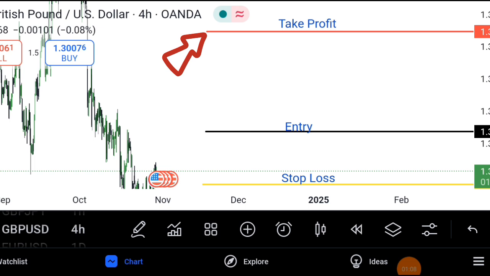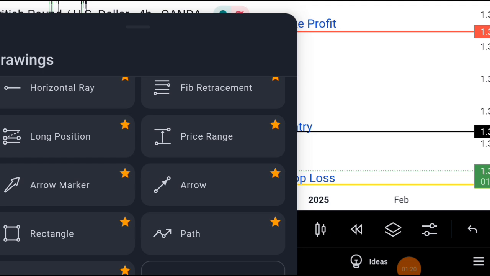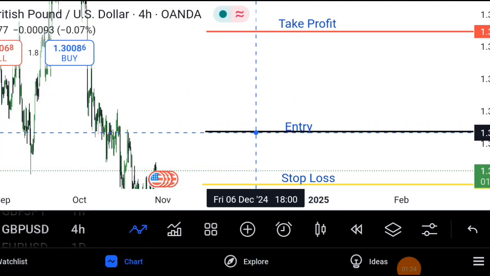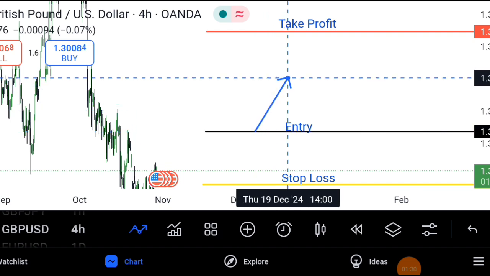So this red line is our take profit, the entry is the black line, and then the stop loss is the yellow line. So we are having a case scenario whereby you are already in this trade, you have anticipated a buy, and you're lucky enough that your strategy works out in your favor, and your trade is already in profit, almost halfway to your take profit.